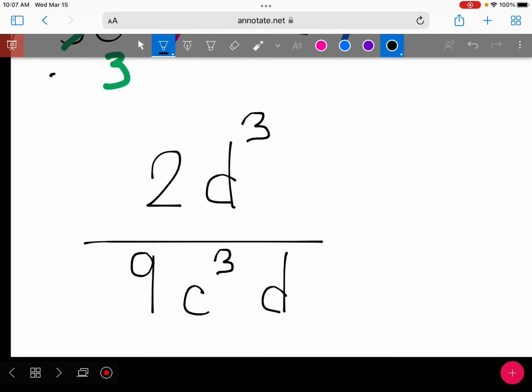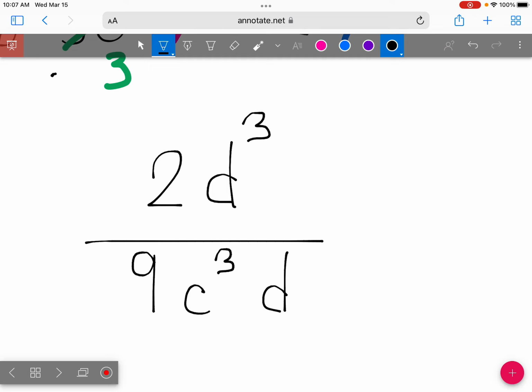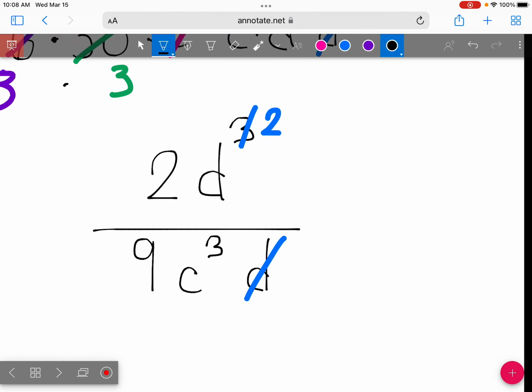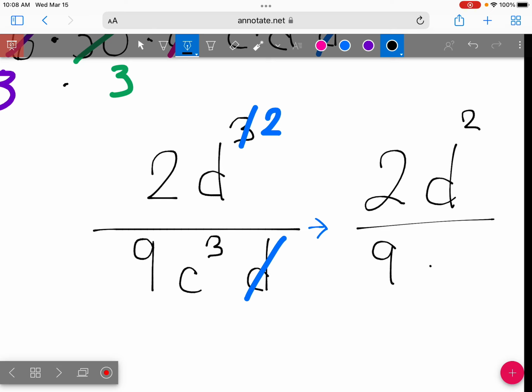But now we look down here and notice I still have an extra D on the bottom. So this D is going to cancel out with one of the D's from the top. So our final answer is going to be 2D squared over 9C cubed. And that's our answer right here.